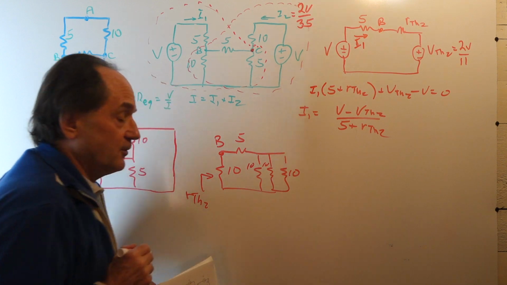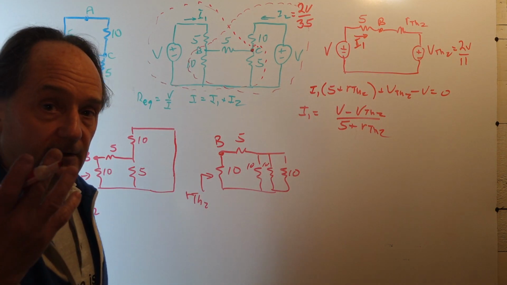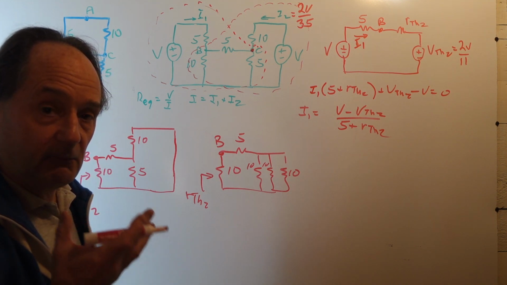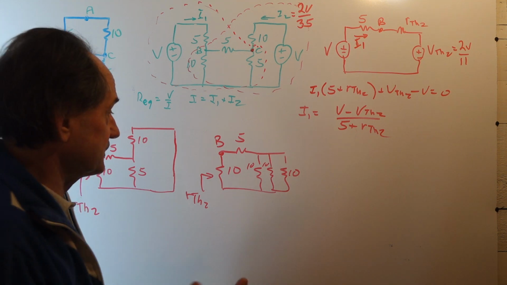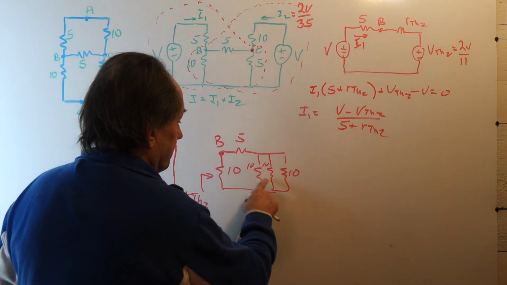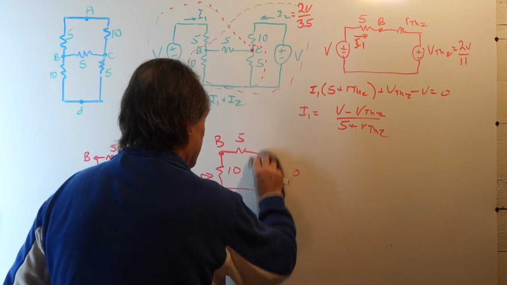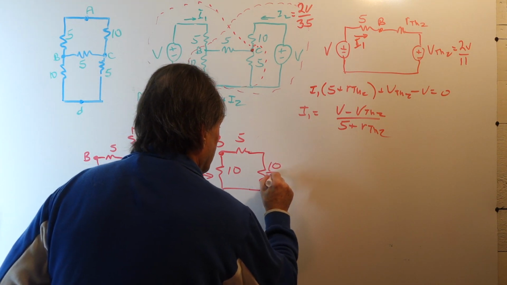If you have n resistors in parallel, the equivalent value is the resistance of any one resistor divided by the number of resistors in parallel of the same value. So in this case, this is 10 over 3.